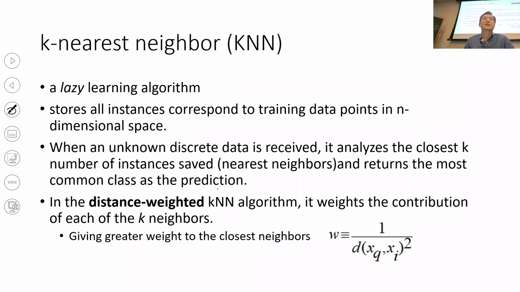You can introduce some kind of variation in there. The way is to weight the distance. For example, if this distance is small, you can give it a bigger weight. So emphasize the close neighbors, whatever.